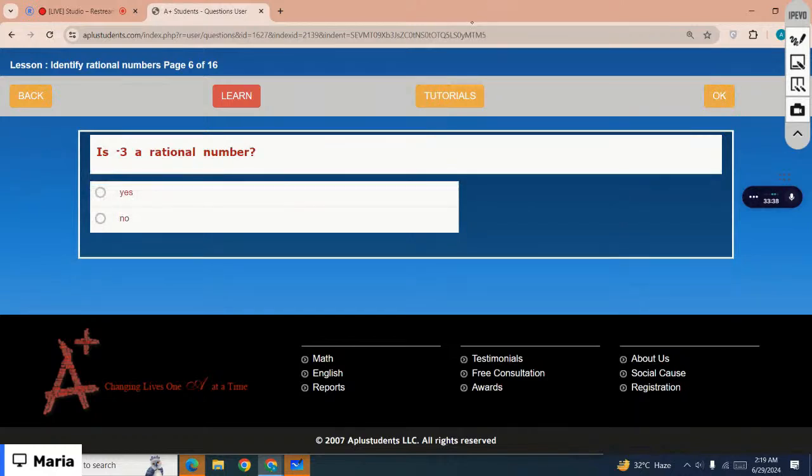Is negative 3 a rational number, which is the correct option? The correct option is yes, that is a rational number.